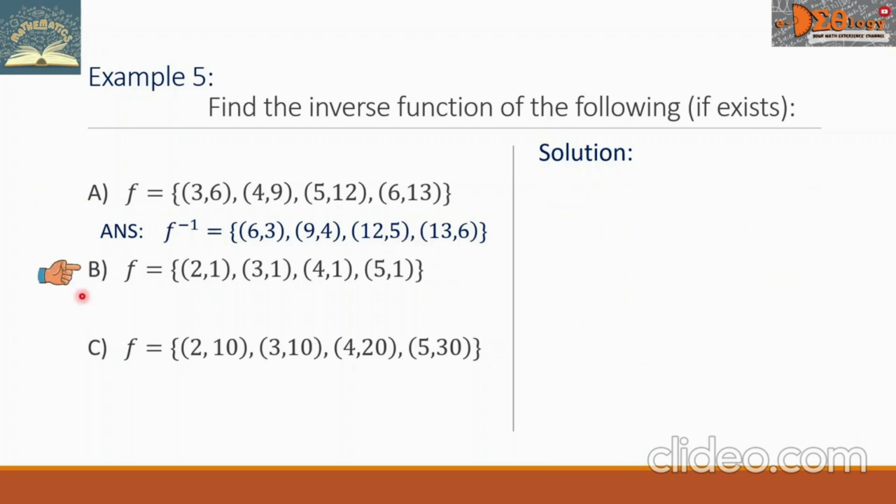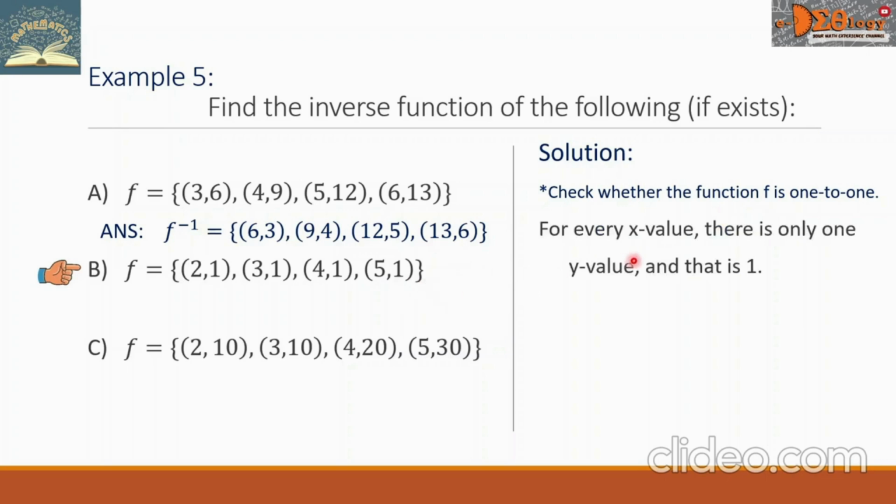We go to problem B. The function f equals, elements are (2, 1), (3, 1), (4, 1), (5, 1). Note that this is a function because the x values are 2, 3, 4, and 5. Now we are going to check whether this function f is one-to-one.